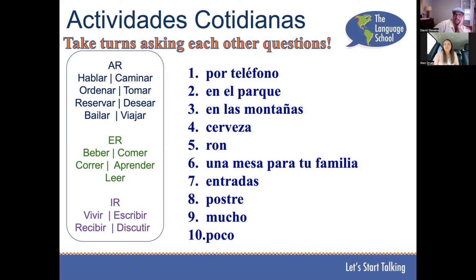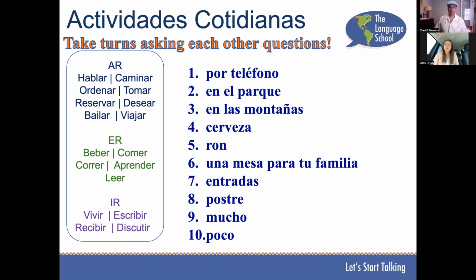Entradas is more like appetizers, so you're right with the place. Sí, como entradas. ¿Qué significa postre? Postre is dessert. ¿Deseas postre? Sí, deseo postre.